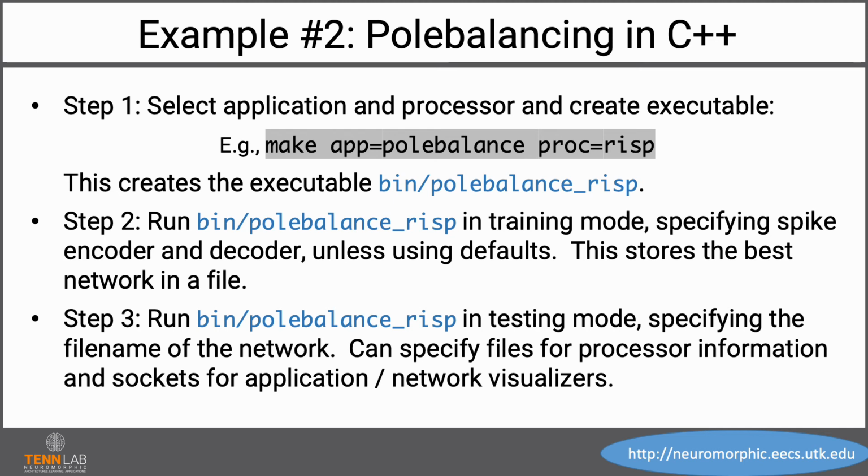Oh, and sorry, you can also specify things like files to put output or sockets which will be running visualization tools or application visualization tools, and they can all run in concert together.